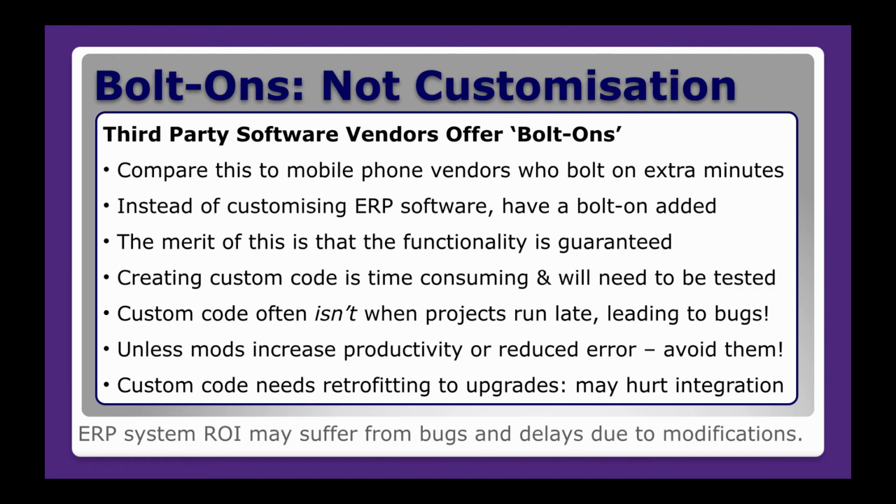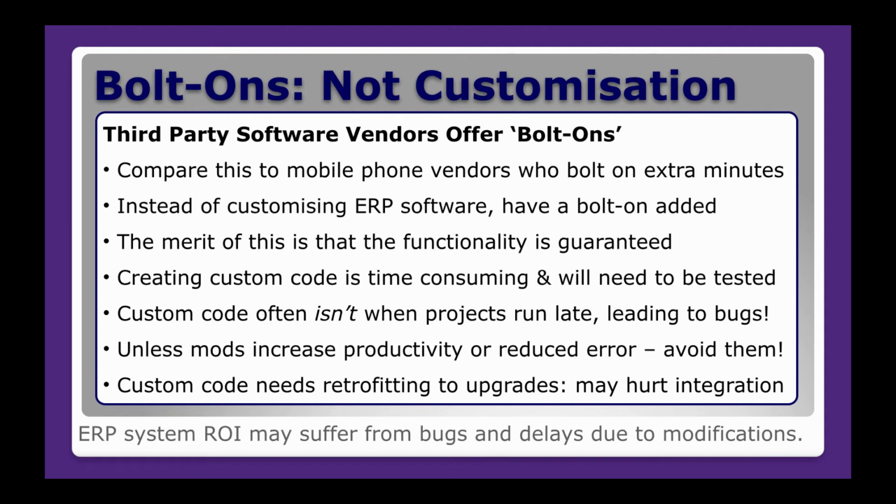Third-party software vendors offer bolt-ons. Compare this to mobile phone vendors who bolt on extra minutes. Instead of customizing ERP software, you can have a bolt-on added. The merit of this is that the functionality is guaranteed, and when you come to an upgrade, you don't have to recode it from scratch like you would with non-standard customization.